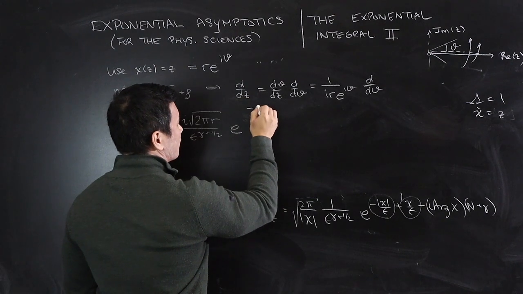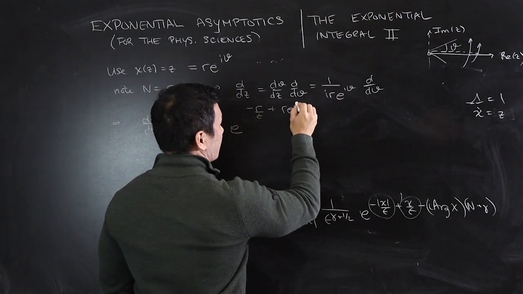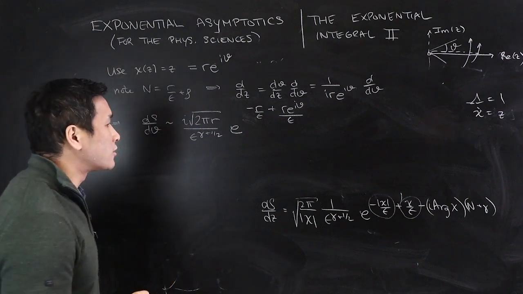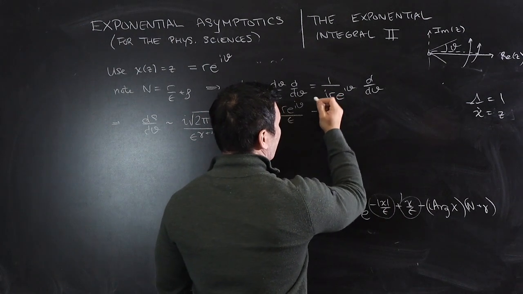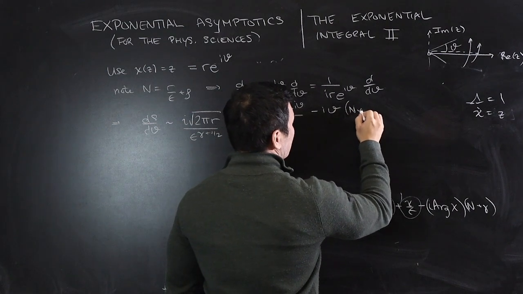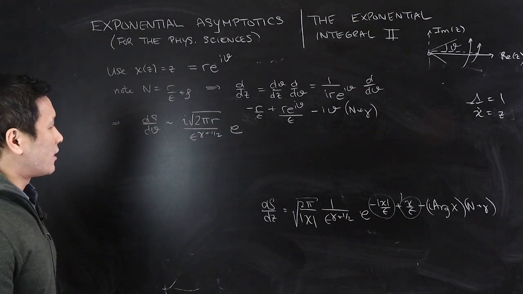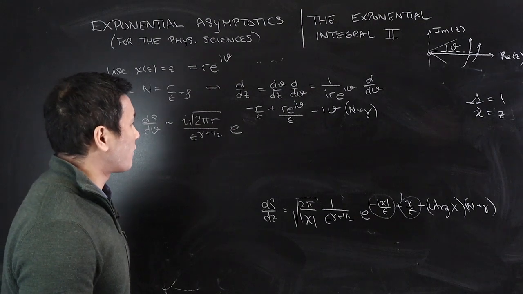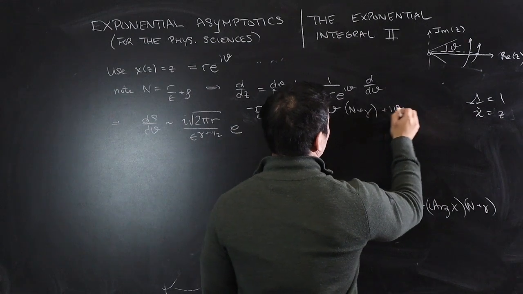Go ahead and write it as minus r over epsilon. And this will be chi, but chi is actually r e to the I theta over epsilon. Quite a knotty exponential of exponentials. And then this is minus I times argument of chi, which is just I times theta, to the n plus gamma, and remember n is r over epsilon plus rho plus gamma. Okay, quite annoying. And then I also have a factor of e to the I times theta, which comes up. So I think this becomes a plus I times theta here.